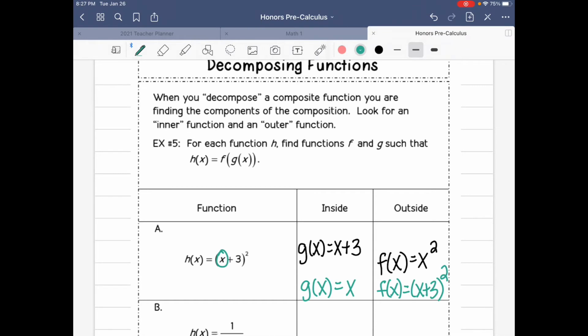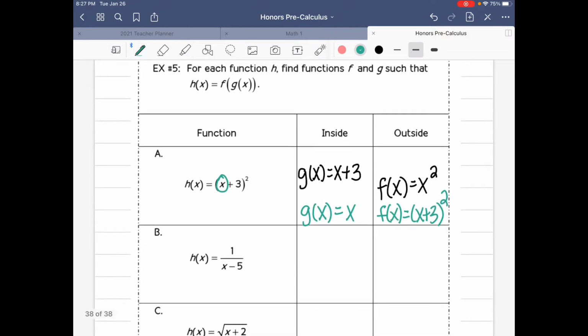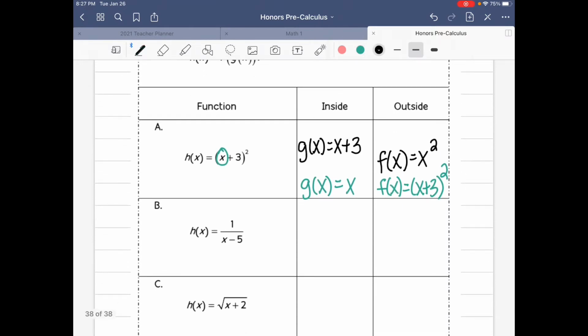Now, I will say this, that is one of the last resorts, the easiest to just jump right to and say that the function is x. For your assignment today, I do not want to see that option, okay?